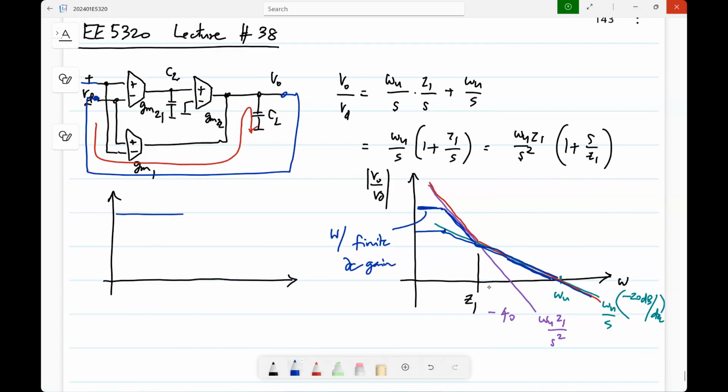So if you applied a unit step, what do you expect to happen? If you have a single stage op-amp with a DC gain of 10, and you make a unity gain amplifier with it and you apply a step, what will be the output? It will settle to approximately 0.9. Actually, it will be 1 by 11. I think that will be the steady state error, but let's say 0.9. So that's fine. This is what it will do.